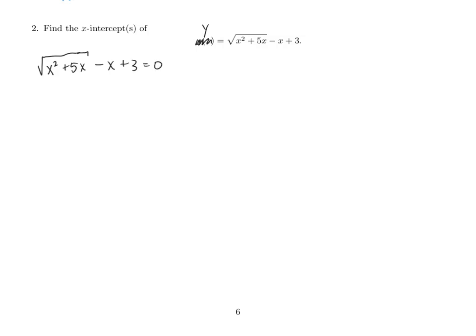Now, if you look at the equation that we just worked through, it's the same equation. So we're going to get the square root by itself. And when we do that, that means we're going to add x and subtract 3. So we'll have x minus 3. This is the exact same equation that we just worked out, right? And we saw that there was no solution.